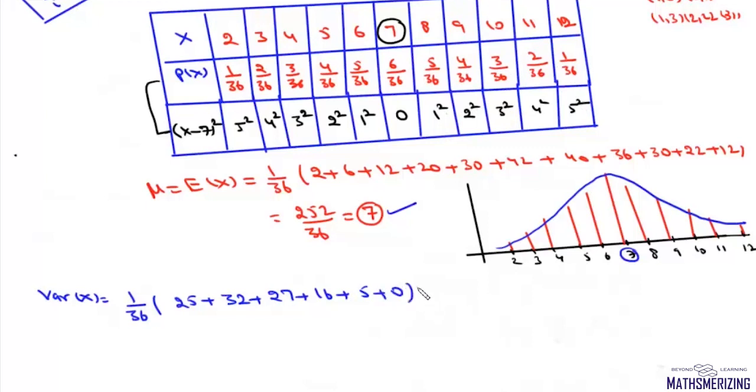So all we have to do is we have to multiply it with 2. Now this is 1 by 36 into 105 into 2. Now this is 80. If we solve this value, it will be 5.83. So mean of random variable is 7 and its variance is 5.83.